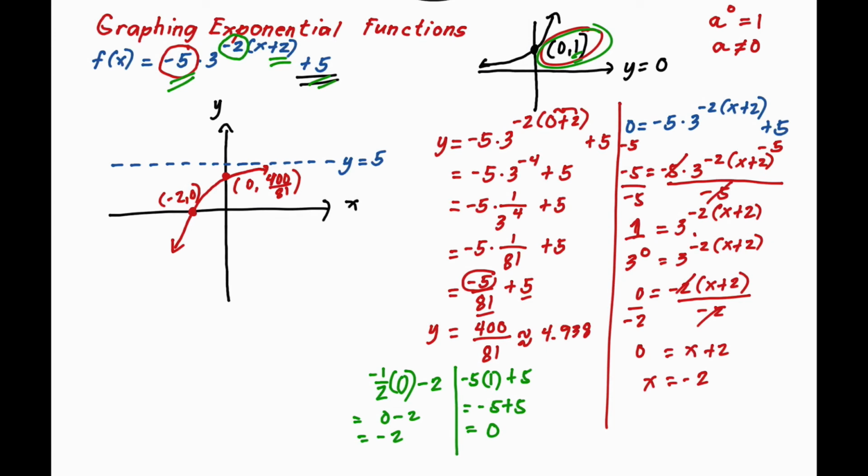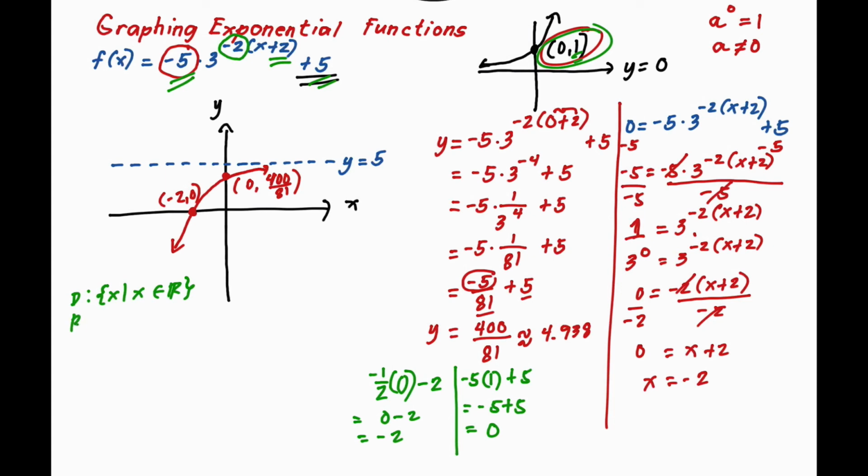Let's now discuss the properties of that graph. We know that the domain will always be real numbers because you can extend the graph in both directions. The set of all x such that x is an element of real numbers.